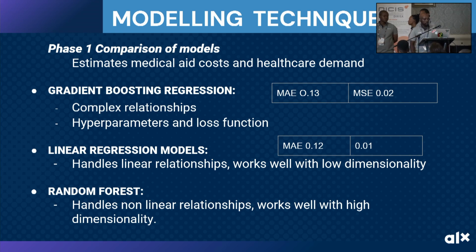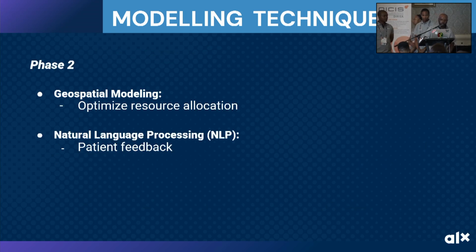We went through linear regression, which handles linear relationships, works well with low dimensionality and short prediction. And then finally, we went through random forest regressor, which handles nonlinear relationships and works well with high dimensionality. In this one, we realized that random forest fits well with our problem and our research.